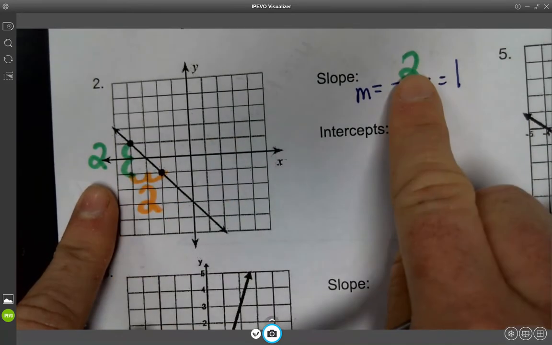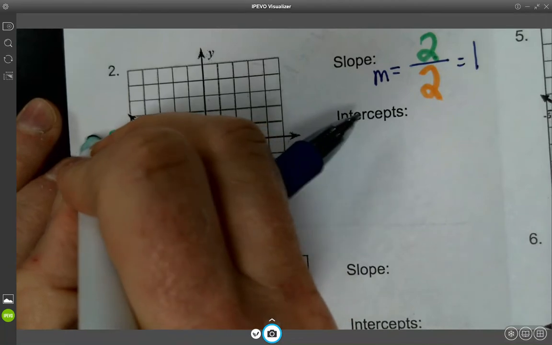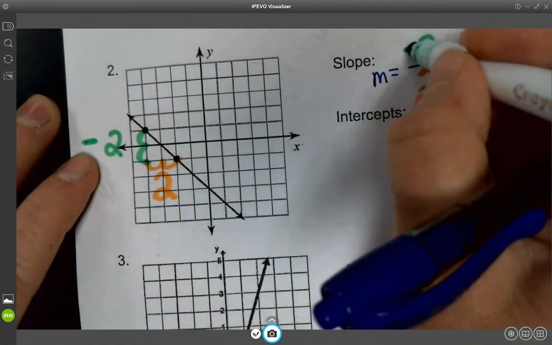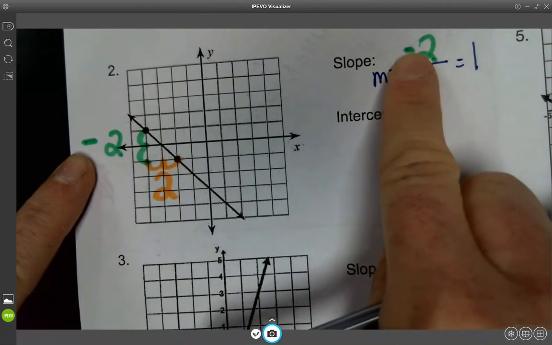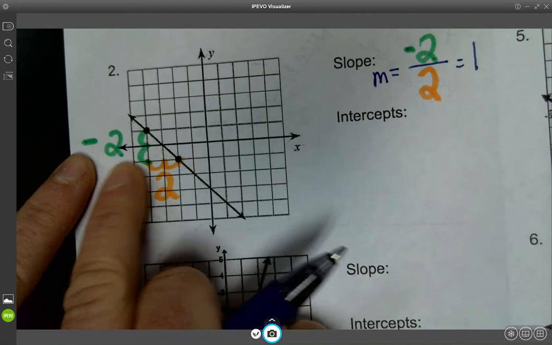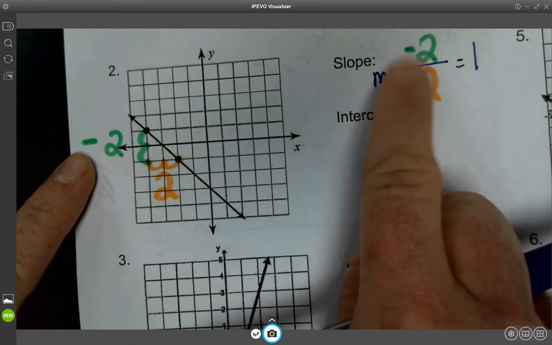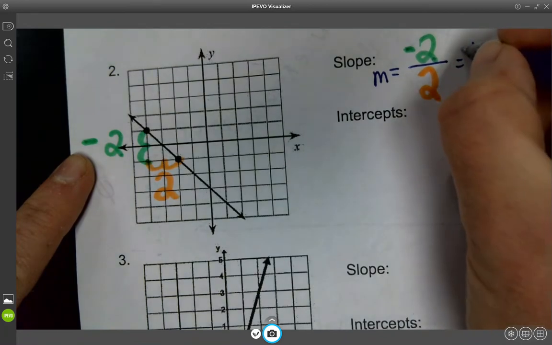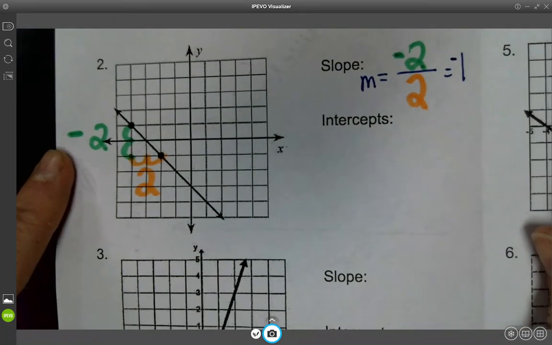But why did I put 2? What should I have put? Because it was going down. Yep, I should have put a negative, so don't make my mistake. Put a negative there. -2. And going right is in a positive direction, but going down is negative, so that's why we put the -2 on top. Or the negative on top. -2 over 2 is a -1. So M equals -1. So my slope is -1.